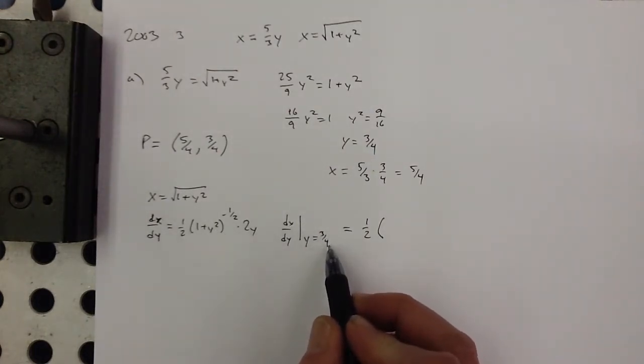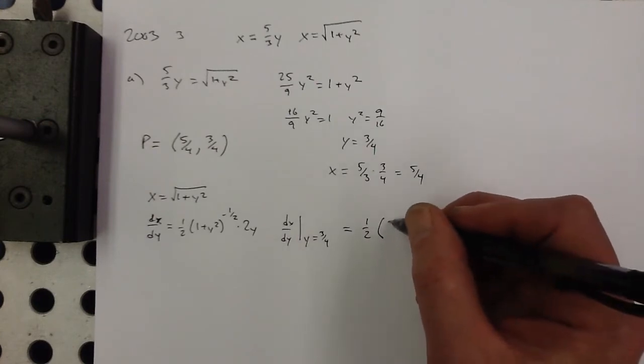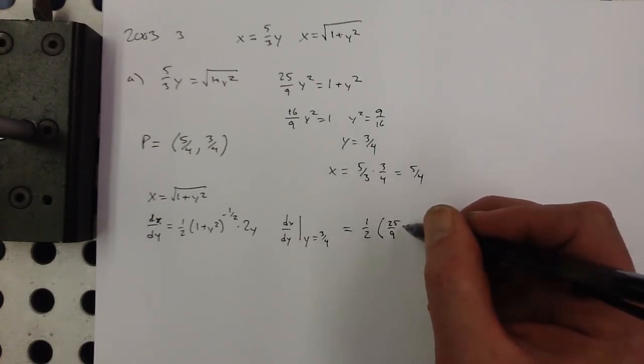That's 9/16, so that's my 25 over 9, right?